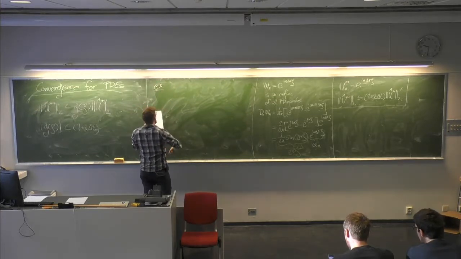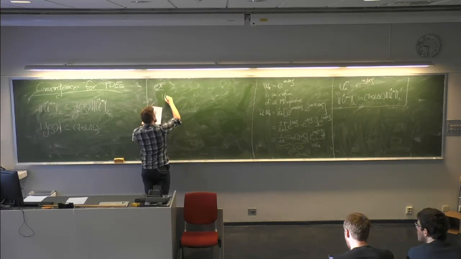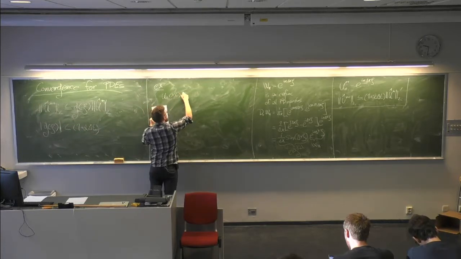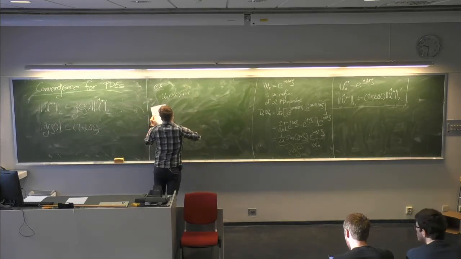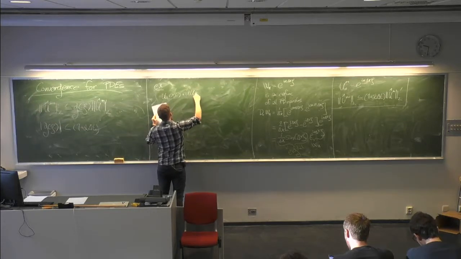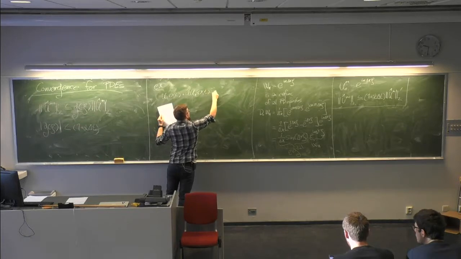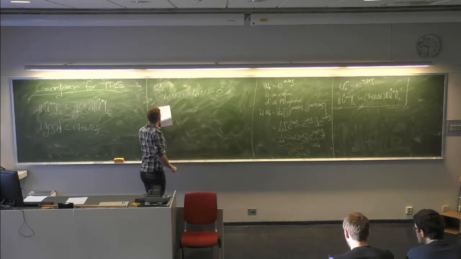So the example we're using is u t plus a times u x equals 0.